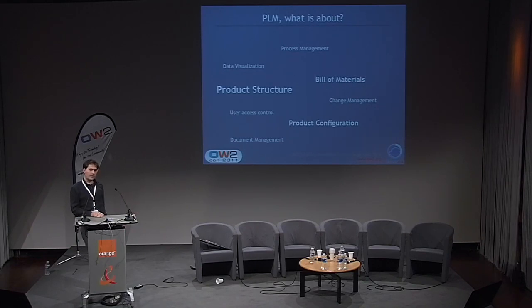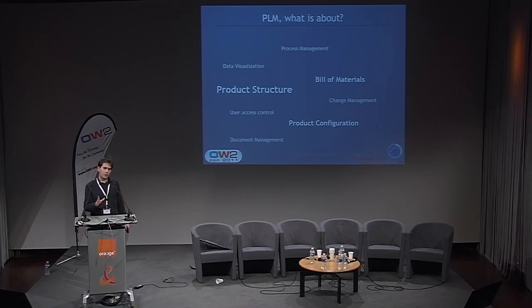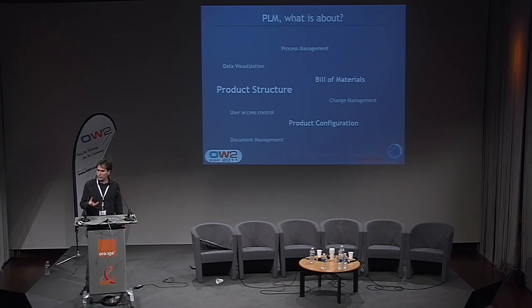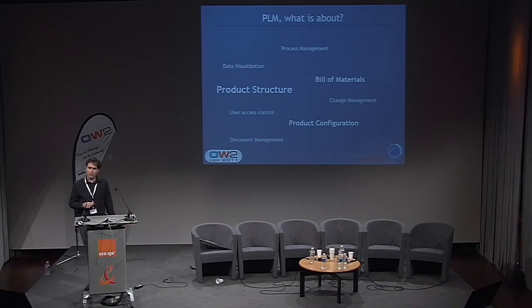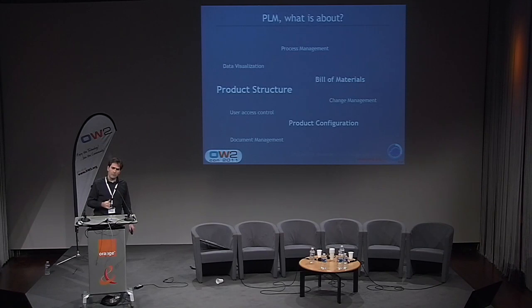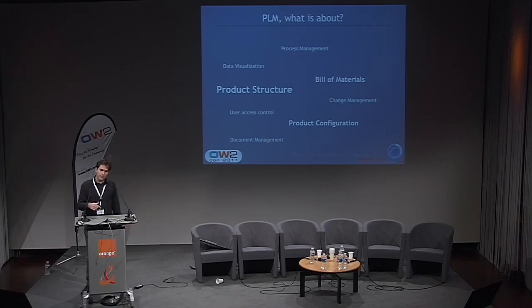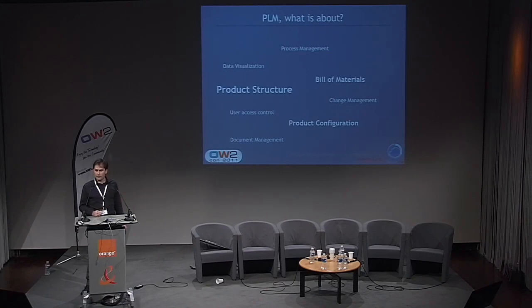If a specific aircraft crashes, we need to know exactly what the composition of this specific aircraft was. And also for maintenance, perhaps you have a car and your car supplier phones you because you need to bring your car back for a repair operation. Okay, so this is the product structure.